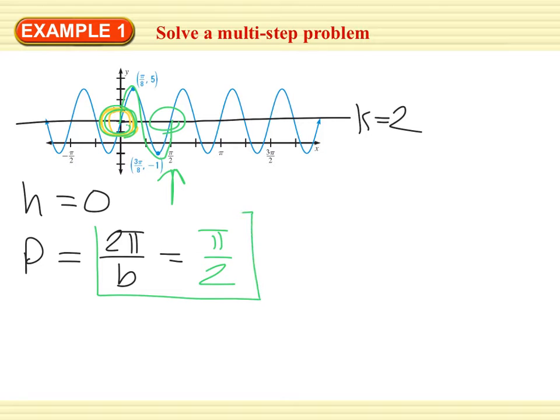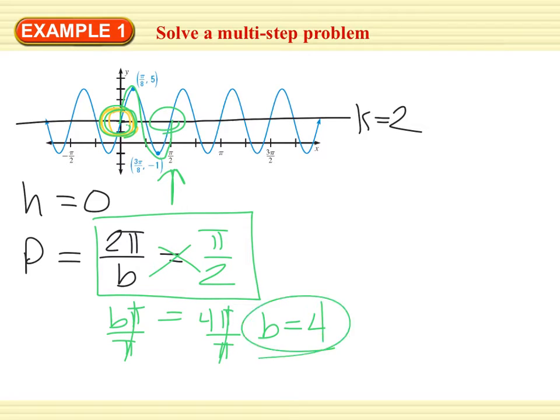So I'm going to take this and solve it for b. There's lots of different ways you can solve this. I'm going to cross multiply. So I have 4 pi equals b pi. Divide both sides by pi. So b equals 4. Cool.